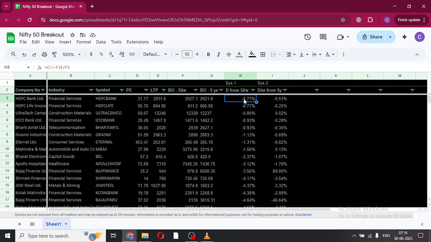So what you can do is, if your system says buy a stock at a 52-week high, you can buy these stocks. Let's say your system says you want to buy the top 5 stocks or top 7 or top 10. If you want, you can buy in equal proportions, which is what I would say is the easiest thing to do. The reason I say that is, if you want to change the proportion, then you introduce a bias in the system.